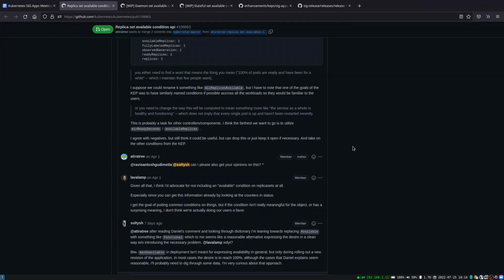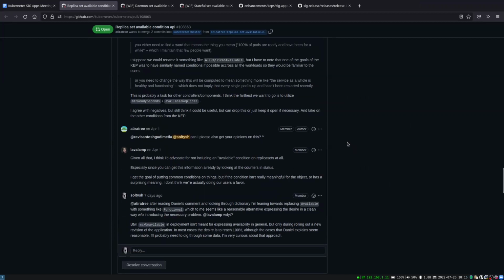Yeah, so I think one issue with this approach, even though for replica sets it could work great for customers like this, is if we take it in the context of consolidating it across all of the workloads, the meaning of the available condition is a bit different compared to this.